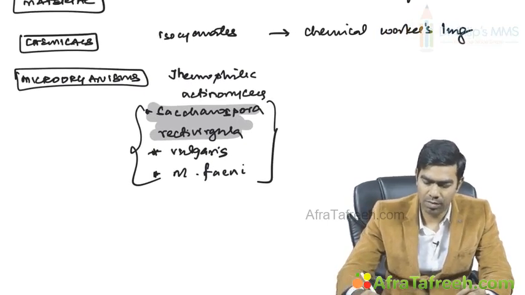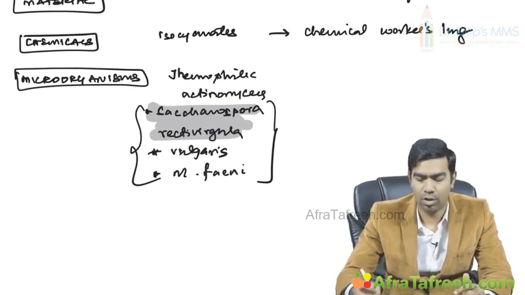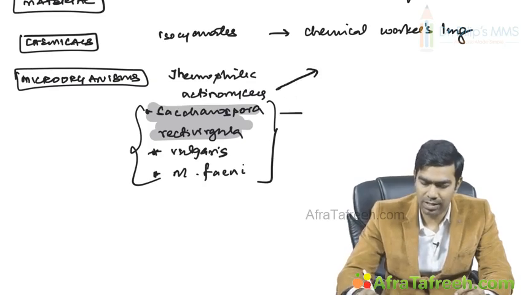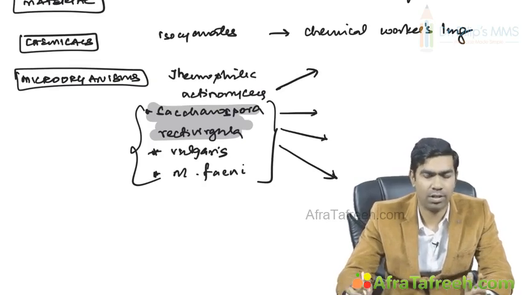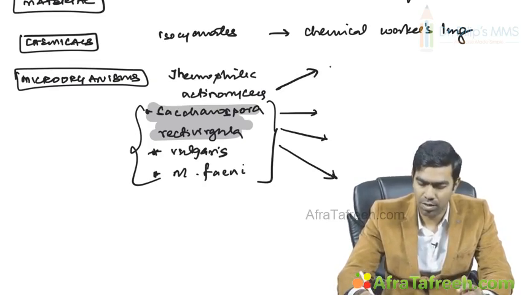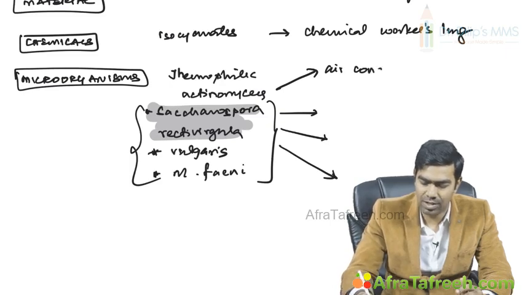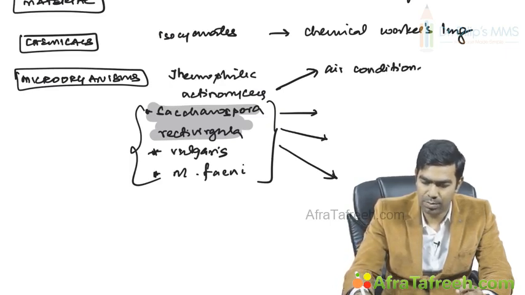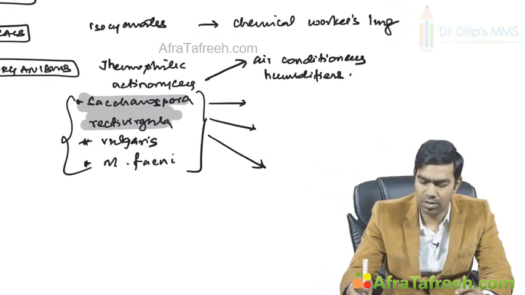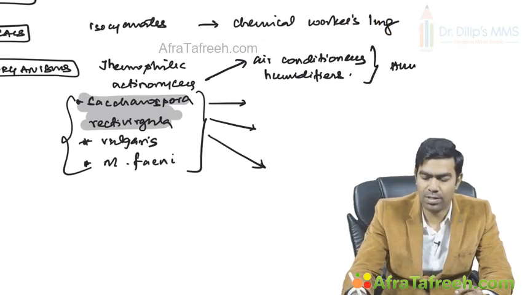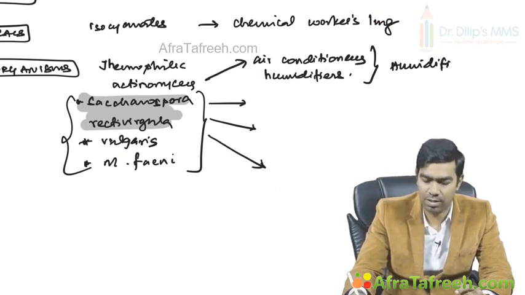And this thermophilic actinomyces itself can result in different exposure rates. Like for example, if your exposure is from air conditioners, humidifiers, and this causes hypersensitivity pneumonitis, this is what we refer to as humidifier's lung.